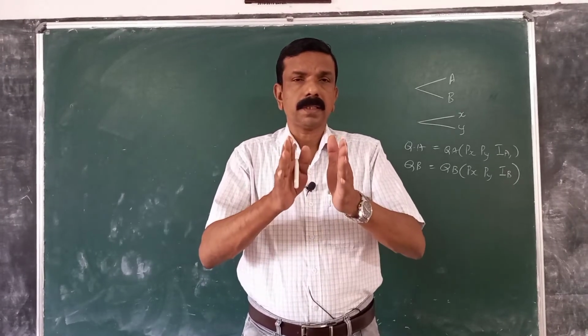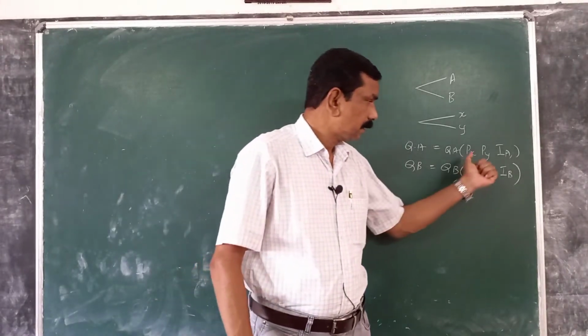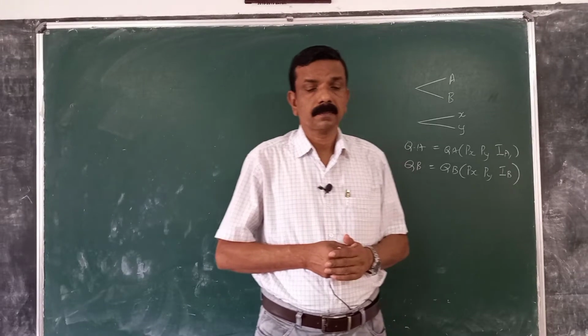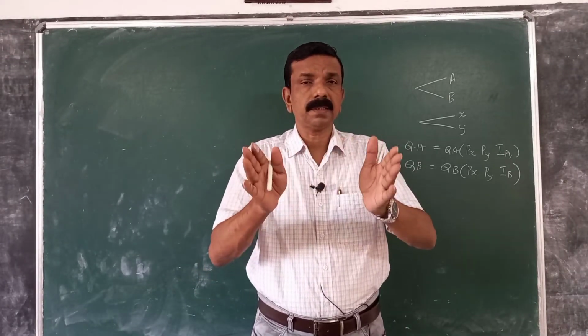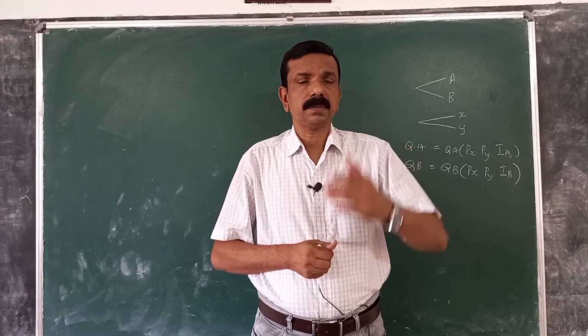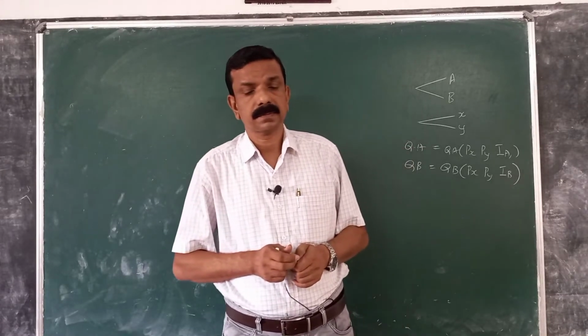It is assumed that both the consumers face the same per unit prices, Px and Py. That is, prices faced by the consumers are the same. It is also assumed that the consumers are price takers.